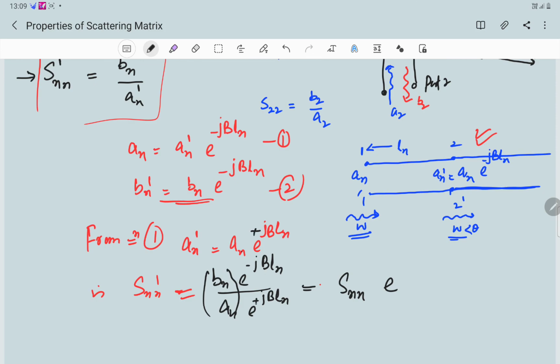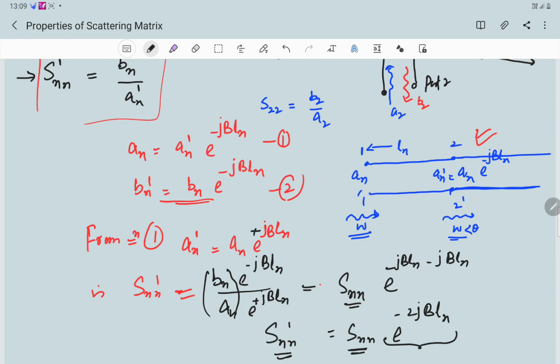I have to write plus here. So this, Bn by An, as I said, is SNN, then e to the power minus j beta ln, and this plus j beta ln would again give j beta ln. So I have SNN dash is SNN e to the power minus 2j beta ln. So the S parameter SNN dash is the same as SNN, except that it is multiplied by some quantity e to the power minus 2j beta ln.